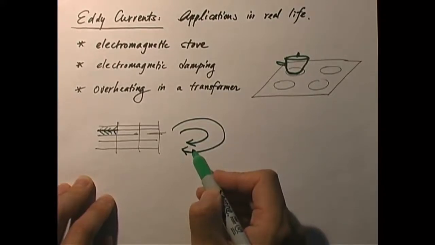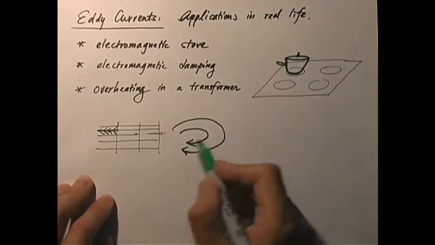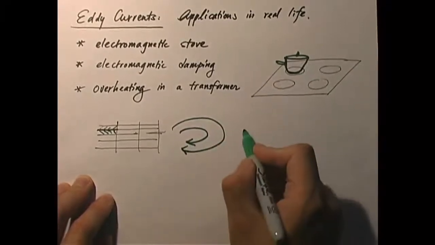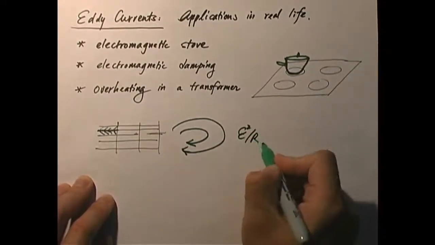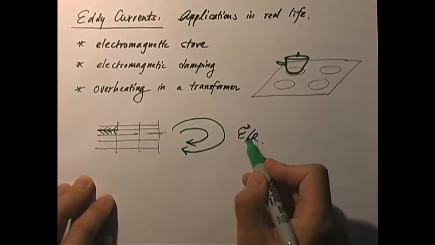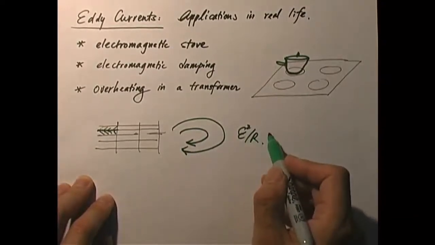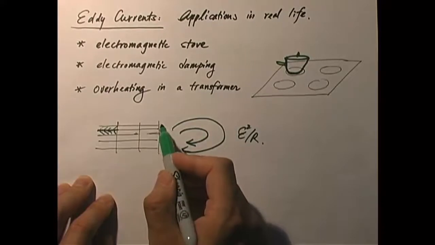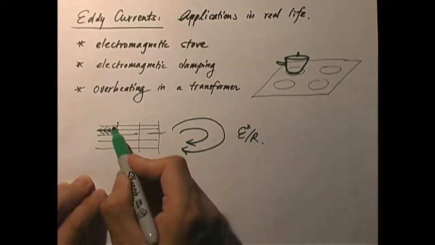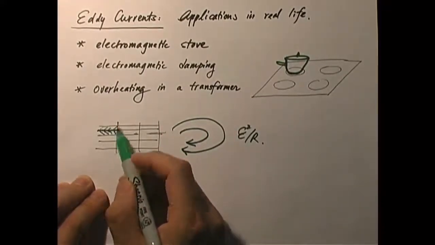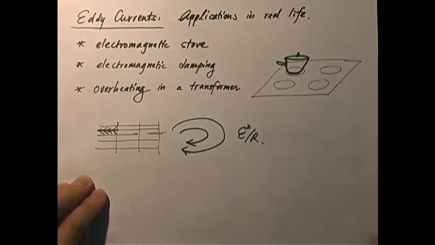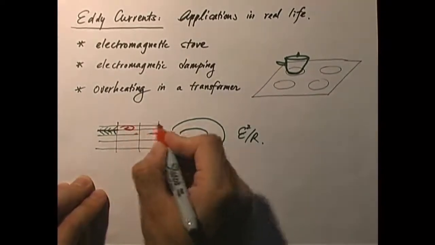Remember, the power turned from electrical power into heat, given epsilon and r, goes like epsilon squared over r, right? If r is small, for the same epsilon, you can get a lot of thermal power generated. On the other hand, if you break into small pieces, then since current cannot flow from one piece to the next due to the insulation layer, you break the eddy current into much smaller loops.